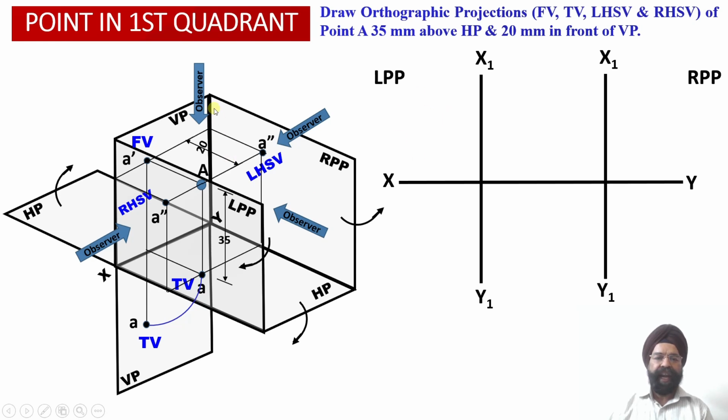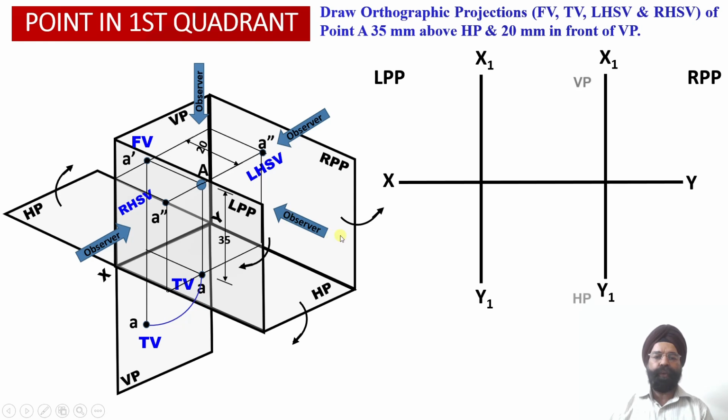And finally, this is the area corresponding to the right profile plane, obtained through this hinge as we open out the right profile plane towards the right hand side, so onto this area the left side orthographic projections of the point will be obtained.